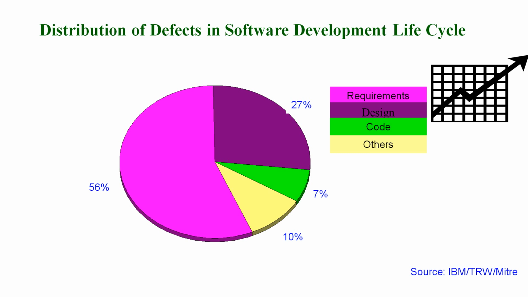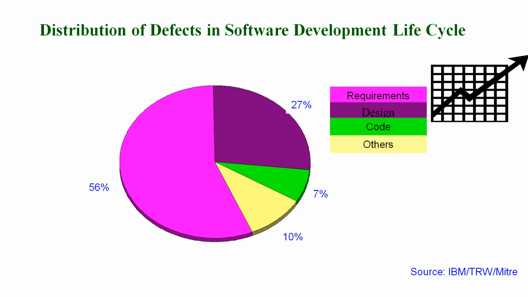The next is 27% of the defects, which have a chance to be present in the design phase. Design phase means both high level designs and low level designs put together, 27% of the project defects will be present. That is the second major stage to have defects in SDLC stages.